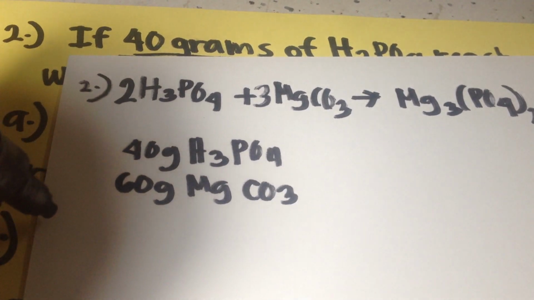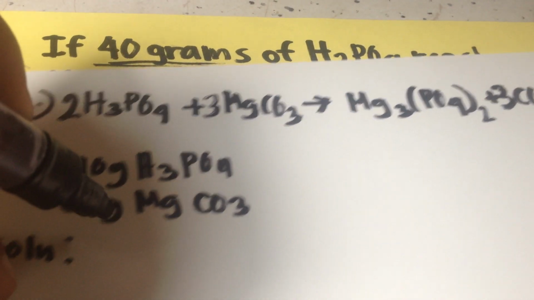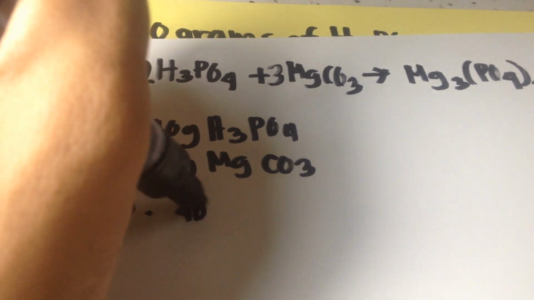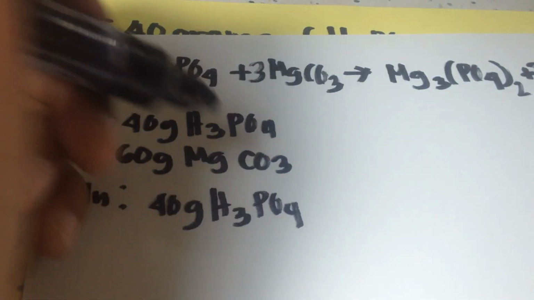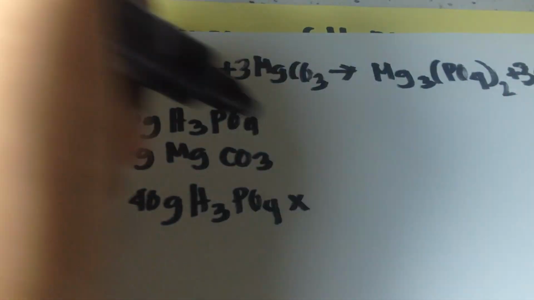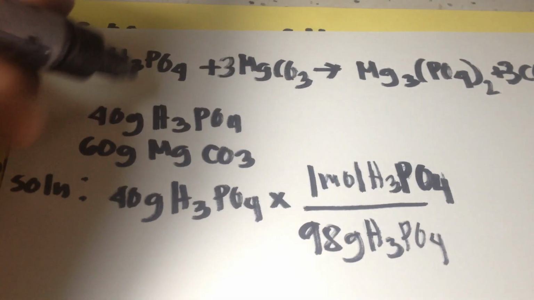So, solution: from 40 grams of phosphoric acid, times the molecular weight of phosphoric acid, which is 98 grams of phosphoric acid per 1 mole of phosphoric acid. So the grams cancel out.